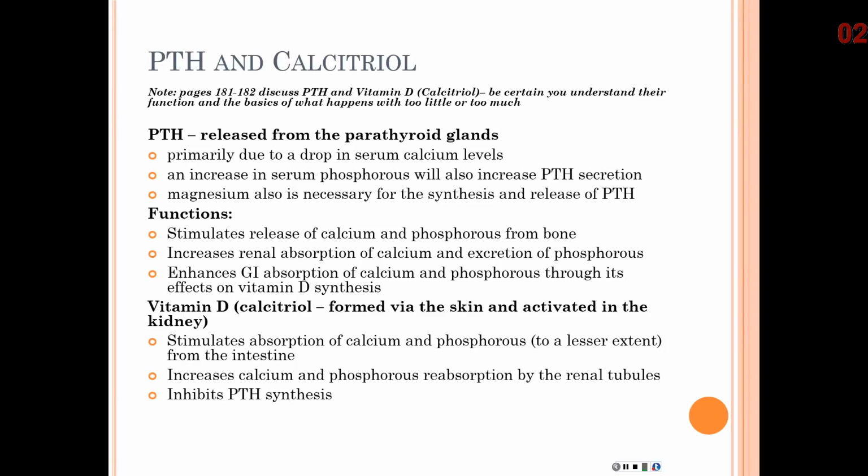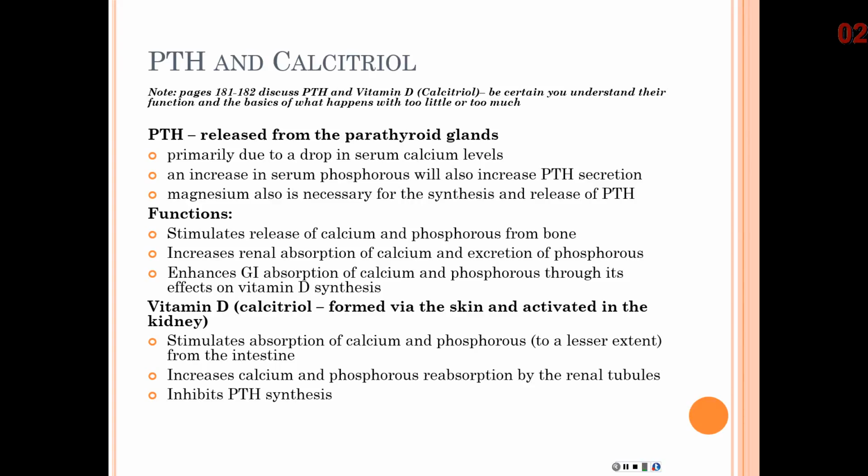So what are its functions? It stimulates the release of calcium and phosphorus both from the bone. So in other words, both calcium and phosphorus levels will rise as PTH levels rise. It also increases renal absorption of calcium, so it saves calcium at the kidneys, at the tubules, really at the very end of the distal convoluted tubule getting towards the collecting duct, that's where PTH targets, and it helps maintain or retain calcium levels.